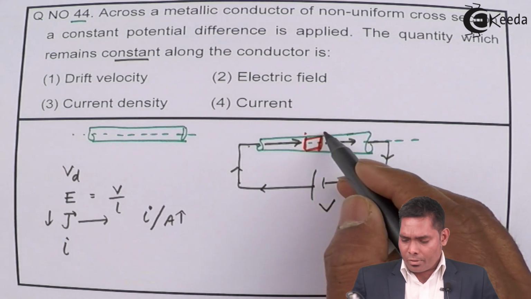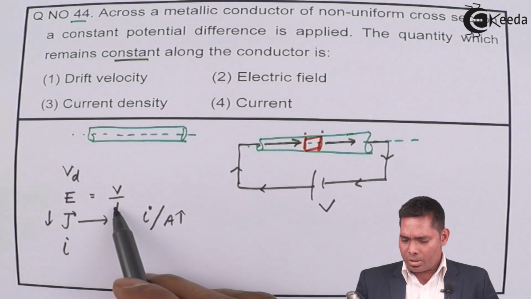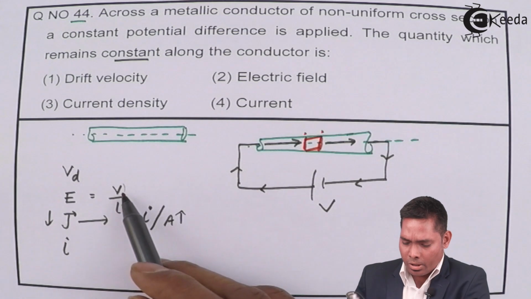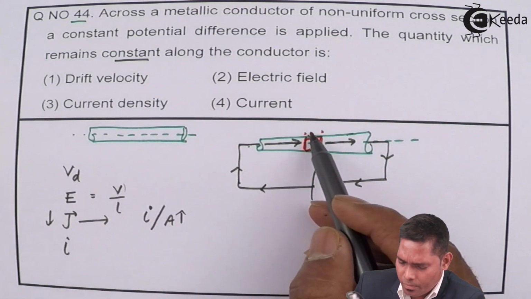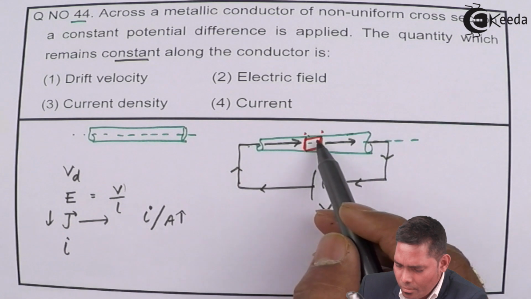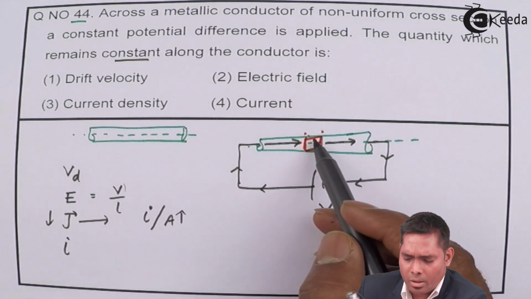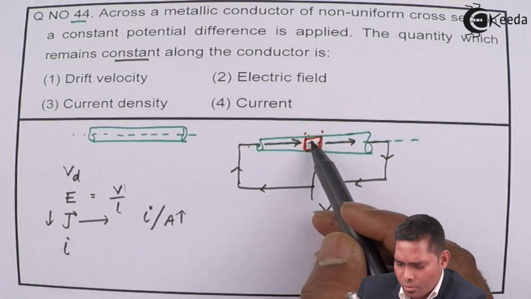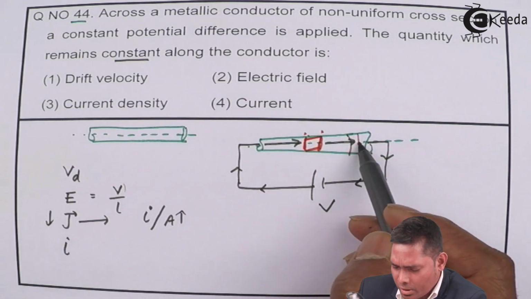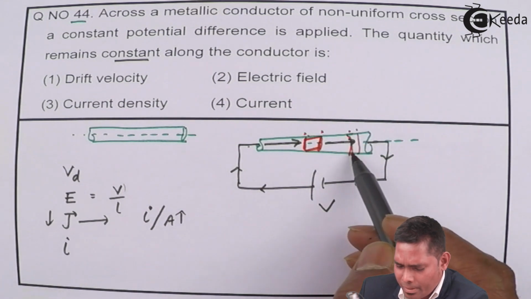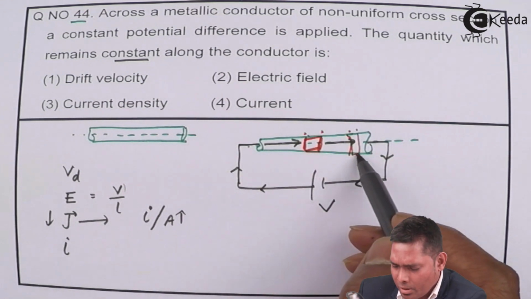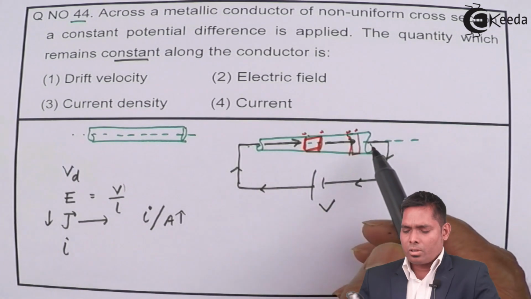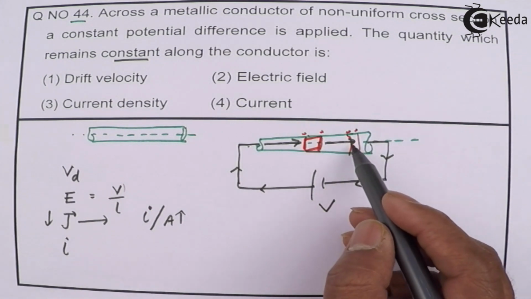And the potential difference is different for different cross-sections, because the resistance is changing, so the potential drop will change. For the same length, the potential difference will be different because the resistance will be different.